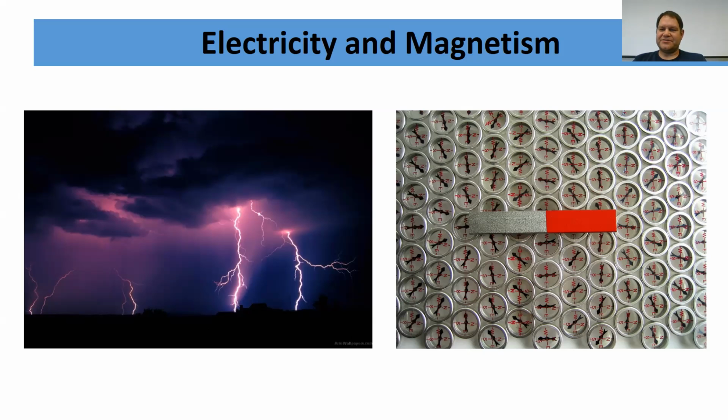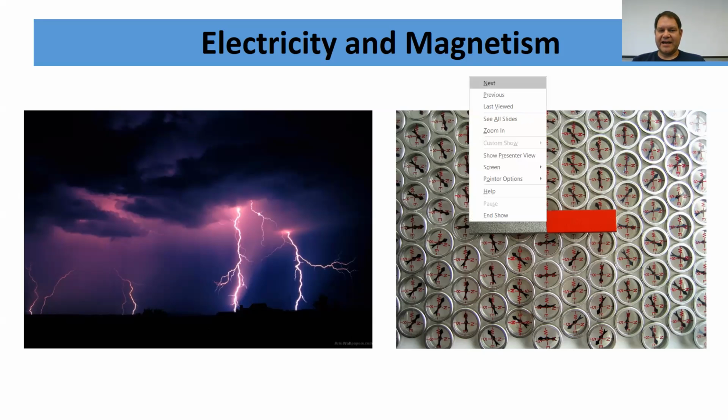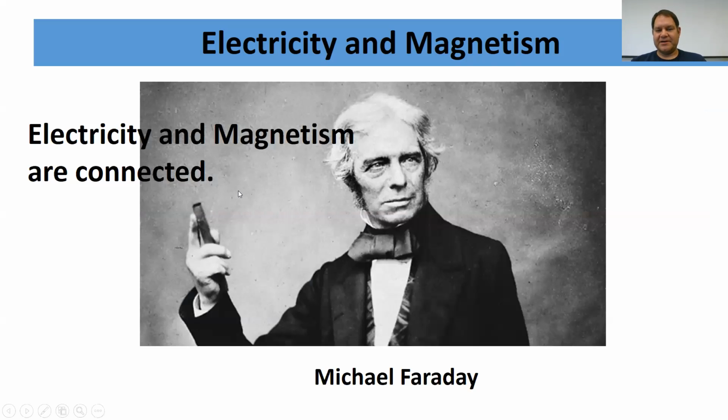But what I want you to understand is that during the 19th and 18th century, as scientists began to study these two forces, they began to make a clear connection that magnetism and electricity might not actually be separated, but they're actually united or connected in some way.